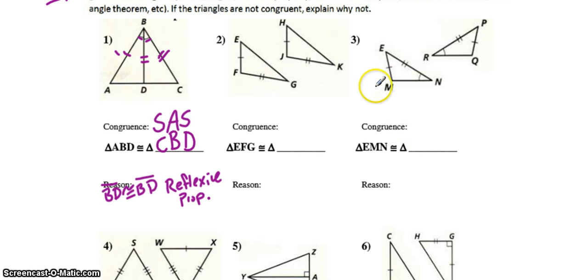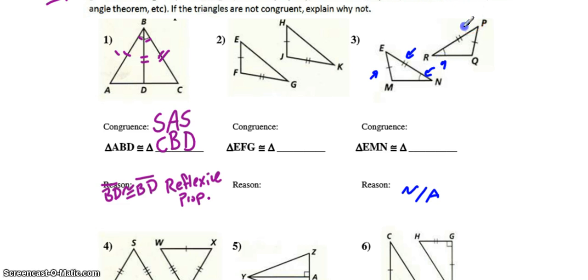Number 3, let's see here. Is there anything that I could mark on this that I'm not already given? No, there's no reflexive sides, no vertical angles, so I'll just put an NA here. There's nothing else I can mark on there. Okay, so what do they give me? Well, I've got an angle, a side, and the angle is not between those two sides.